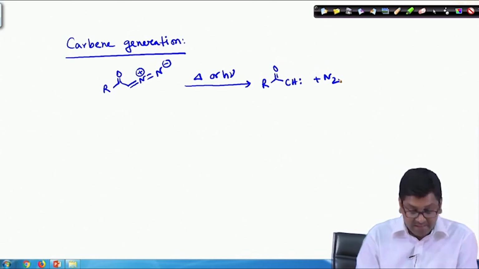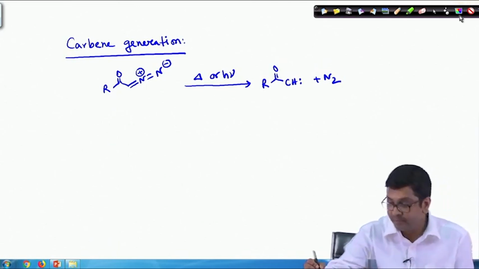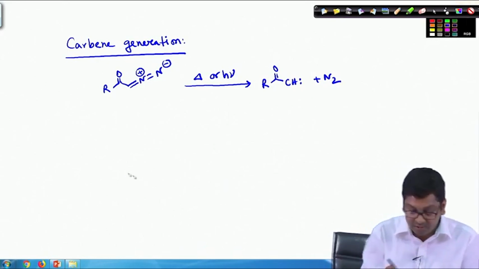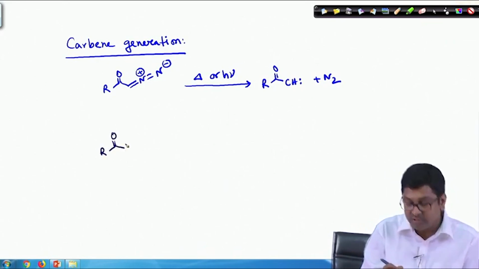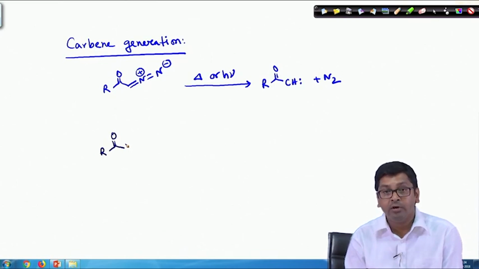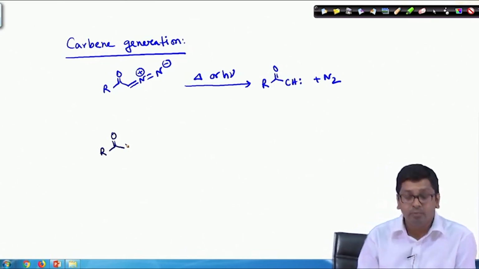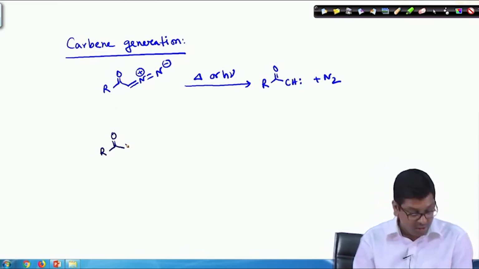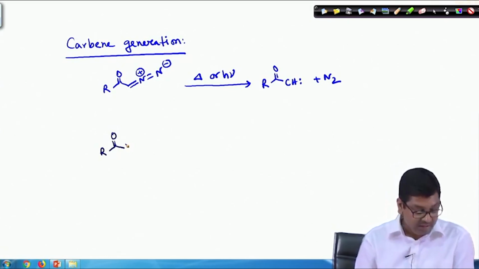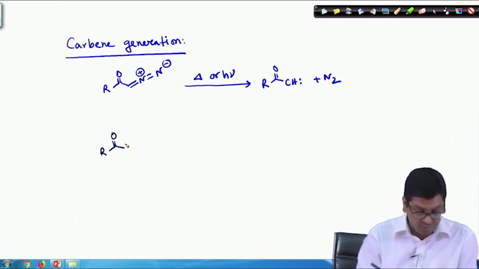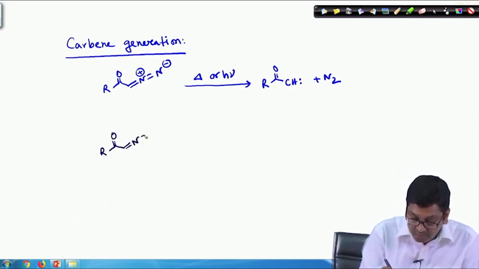Okay. In another example, it is a very important one, because in this case, in place of heat or photochemical decomposition, we will use the corresponding transition metal to generate the carbenes. So, let us see how it works.